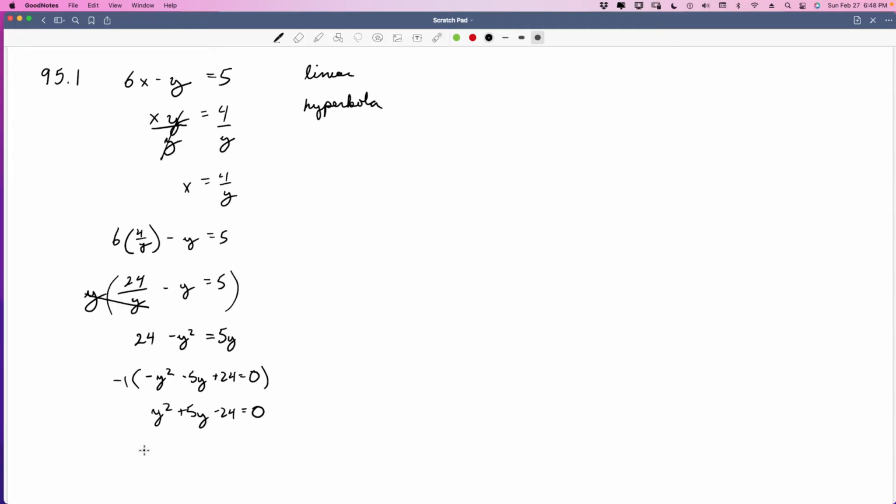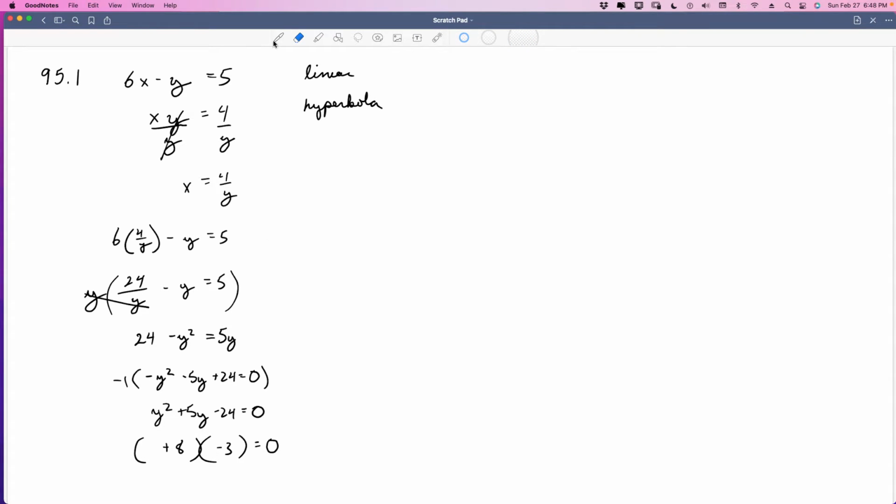Now I can factor this, and I can say y plus 8, y minus 3, because 8 times negative 3 is going to be negative 24, and a positive 8y combined with a negative 3y is going to be a positive 5y. Sorry, I wrote x out of habit. Those should be y's.